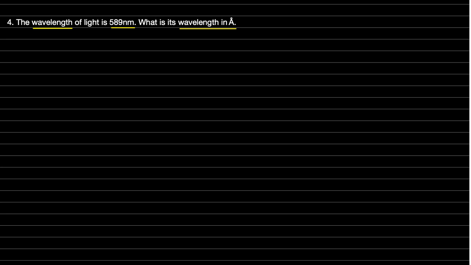As we had discussed in the first question, whenever we are converting nanometer to Angstrom, we multiply by 10. So here 589 into 10 would give me 5890 Angstrom. So this completes 4 questions for this video.